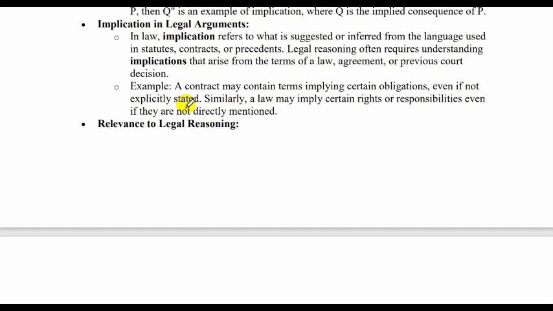That is inbuilt, that's in the statement itself. Similarly, a law may imply certain rights or responsibilities even if they are not directly mentioned. So when you drive, it is to be taken that you will not break the signals. It is implied you will follow all traffic rules, and so on. That doesn't need to be explicitly stated.